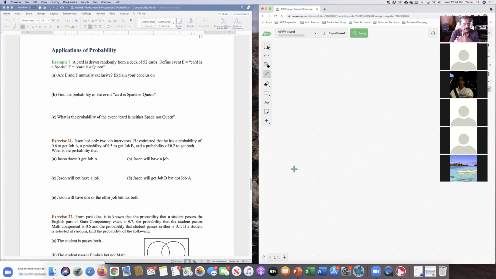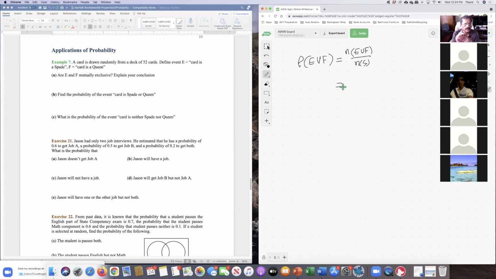Part B is find the probability for the event card is spade or queen. So that's the union. That's the probability of E union F that we need to find. We don't need to write down the individual events, but we need the count of the event E union F, and divide it by the count of the sample space.